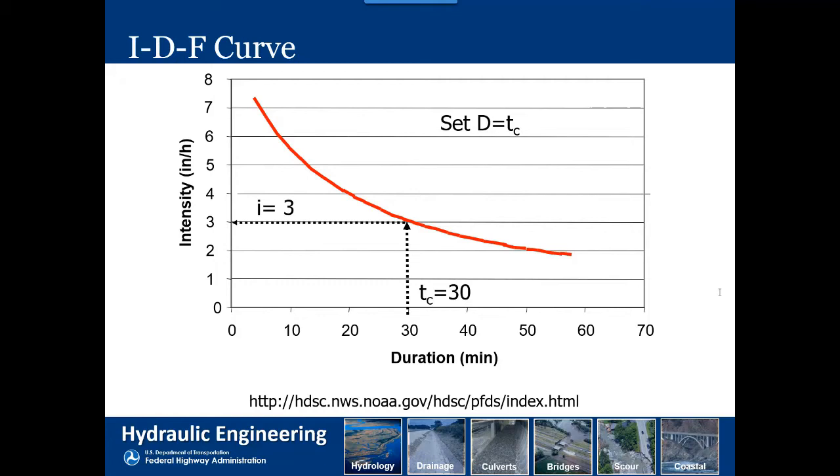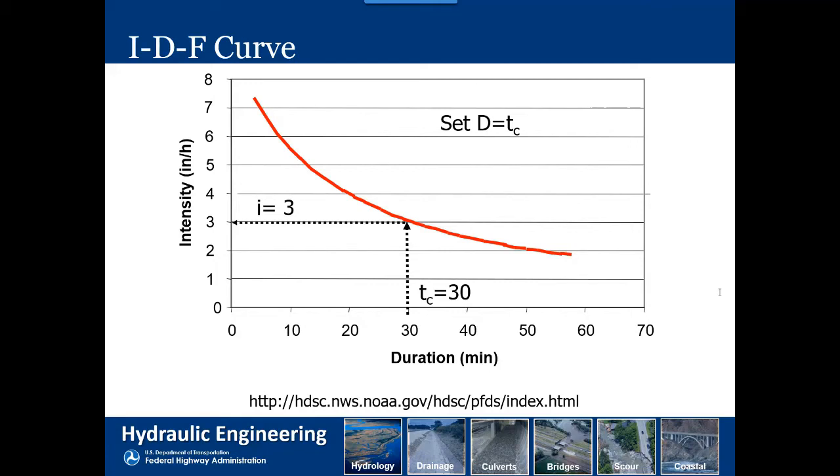If you know the duration of your storm, actually this is your time of concentration, and we're still going to talk about time of concentration in a second. If you have a time of concentration of 30 minutes, and this is your 10-year IDF curve, you go up to the curve and come across and find an intensity of 3 inches. That sounds real easy, but there are formulas here.